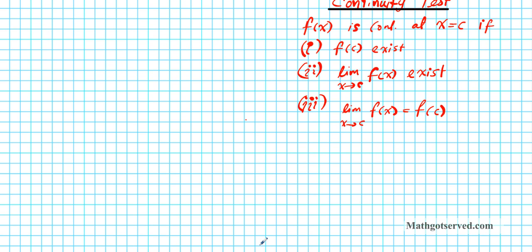Alright, let's go ahead and take a look at example number 1. We have the piecewise defined function f of x equals the absolute value of x minus 4 when x is less than 4.